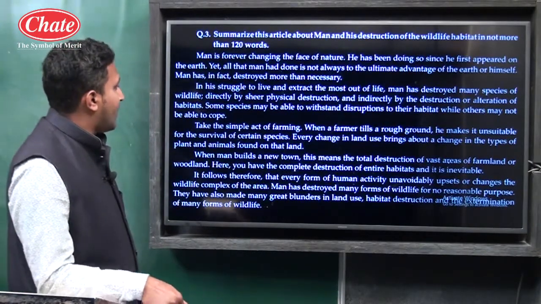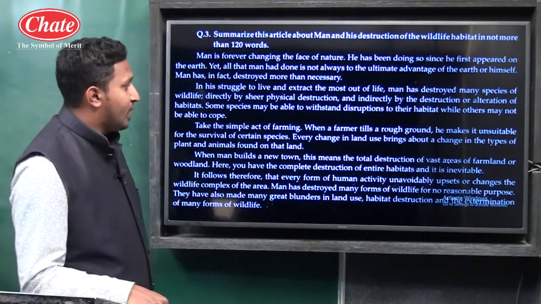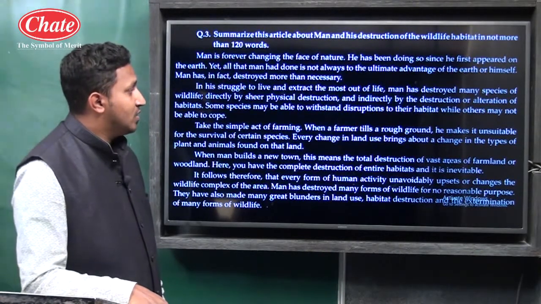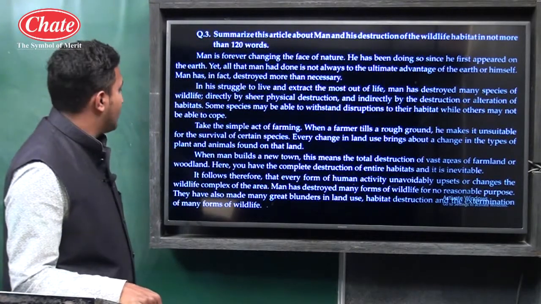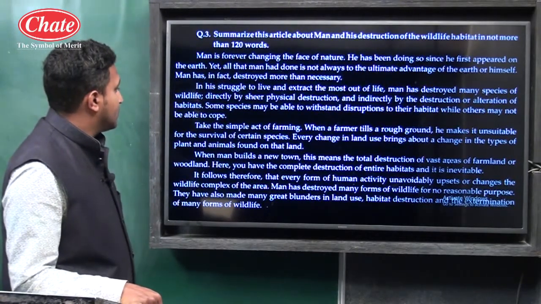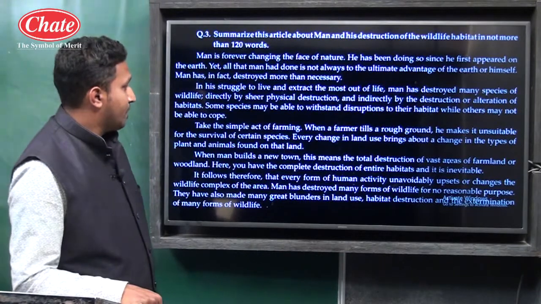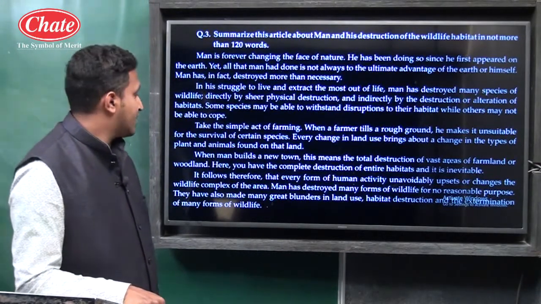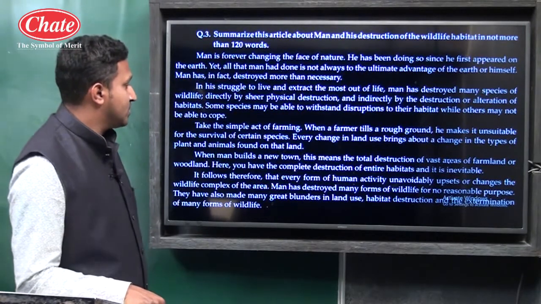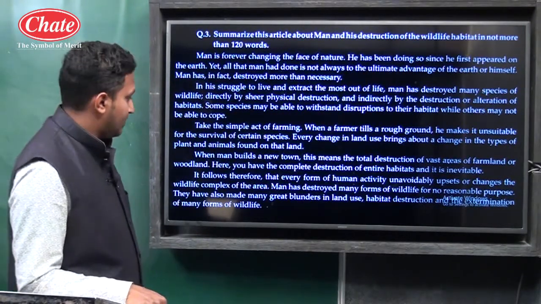Take the simple act of farming. When a farmer tills a rough ground, he makes it unsuitable for certain species. Even a change in land can bring about a change in the type of plants and animals found on that land.